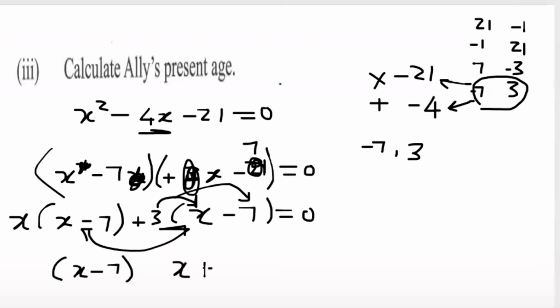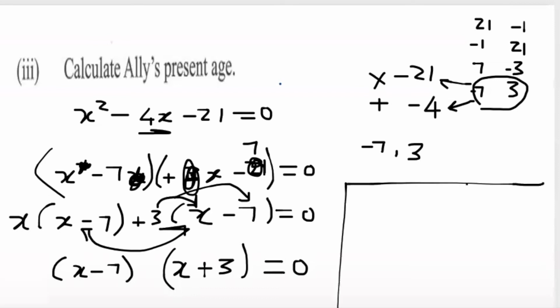So I put the x and plus 3 together equals 0. Please note, you could have written the x plus 3 first. That's fine. Now we're going to equate each bracket to be equal to 0. So I have x minus 7 equals 0, and I have x plus 3 equals 0.